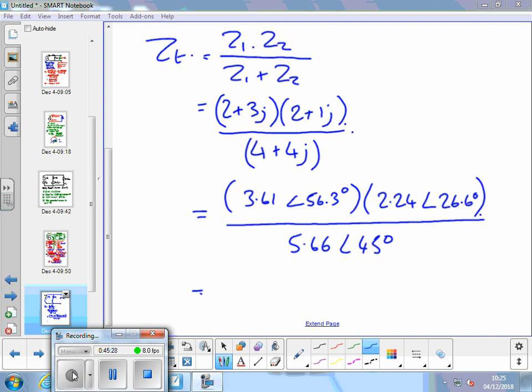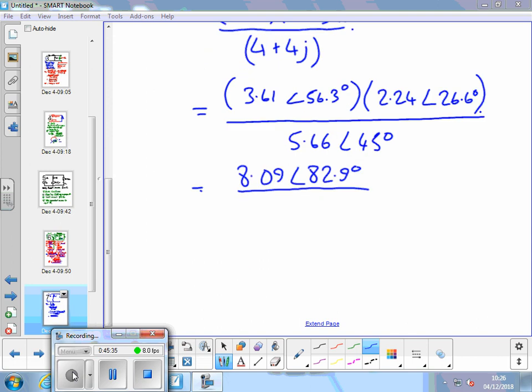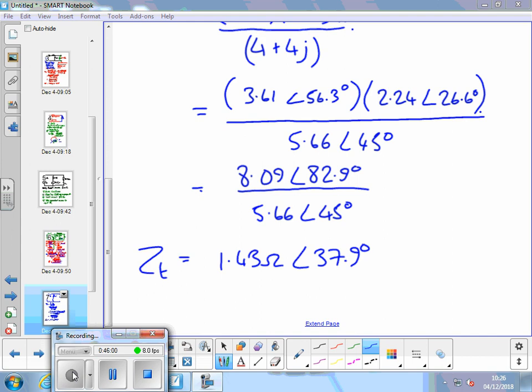Multiplying out the top line, I got 8.09 angle 82.9 degrees. Need to divide that by the 5.66 angle 45 degrees. And I ended up with a total impedance, the Thevenin's impedance, of 1.43 ohms, angle 37.9 degrees. So that's how you find Thevenin's impedance.